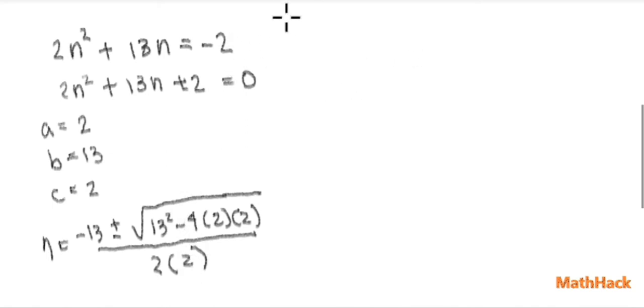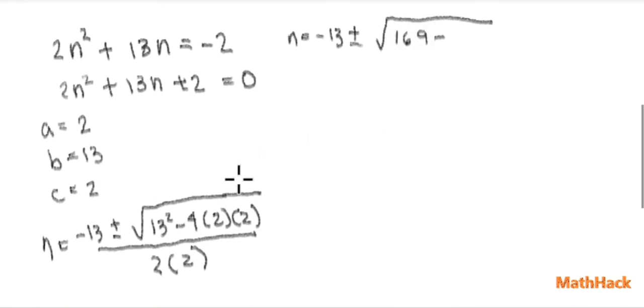Next, let's simplify. So we have n equals negative 13 plus or minus the square root of 13 squared, which is 169, 13 times 13 is 169, minus 4 times 2 times 2. 4 times 2 times 2 is 16.